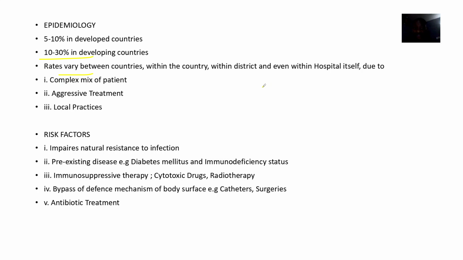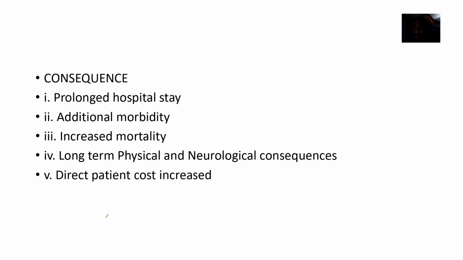Risk factors include an impaired natural resistance to infection, so you are immunocompromised, right? If you have a pre-existing disease like diabetes or immunodeficiency status, or immunosuppressive therapy like cytotoxic drugs, you are taking some medication that is basically keeping your immune system on the low side. So bypass of defense mechanisms like catheters or surgeries, also antibiotic treatments.